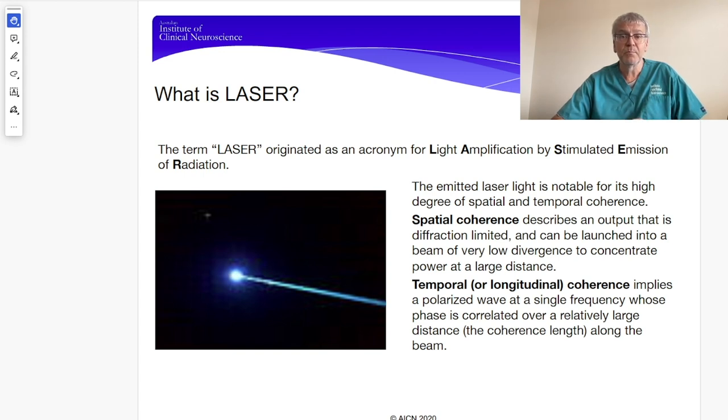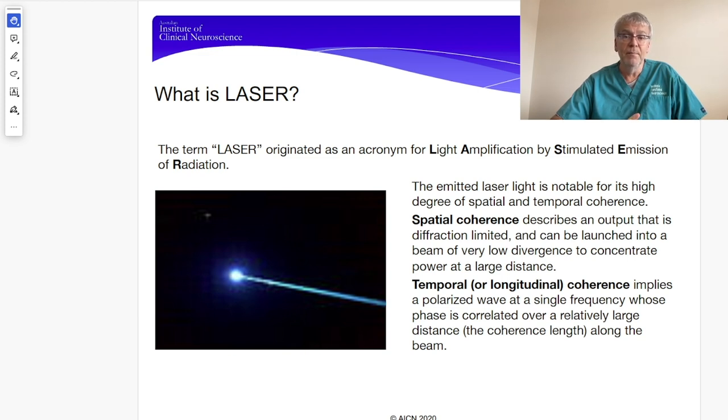Some of those special qualities are that there's a high degree of spatial coherence, and we'll talk about what that means in a minute, and a high degree of temporal coherence. So over time it stays the same, and the output of the laser signal is very coherent.